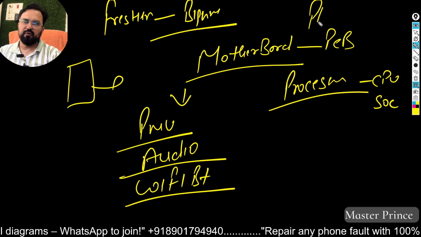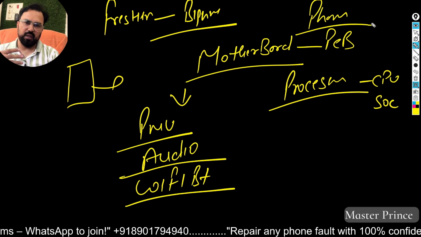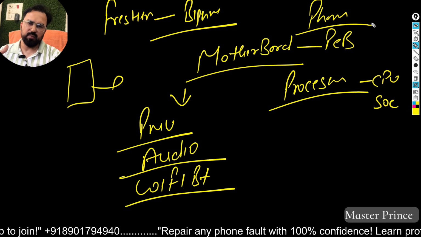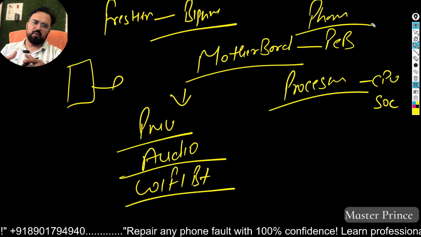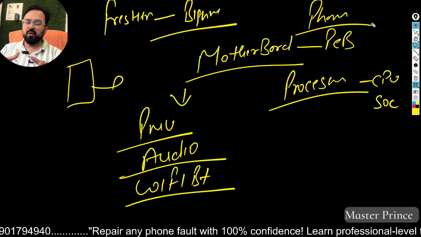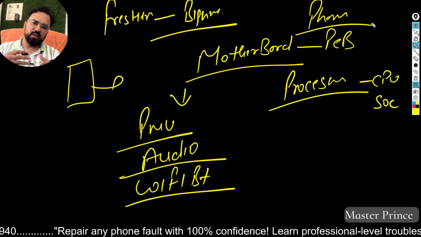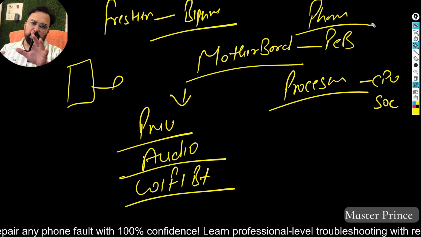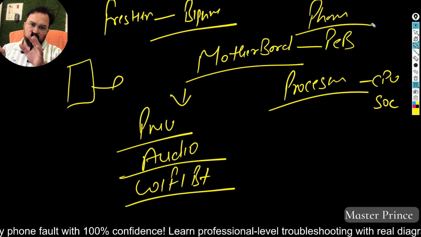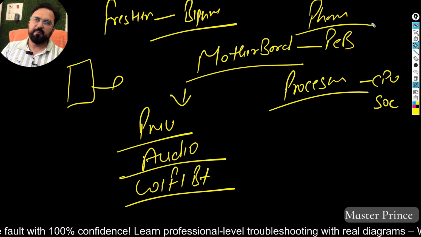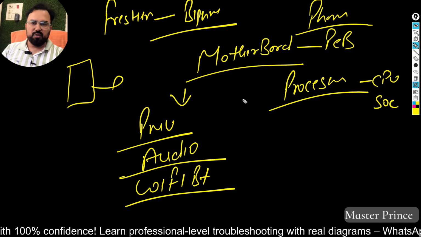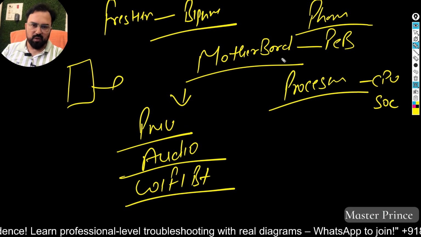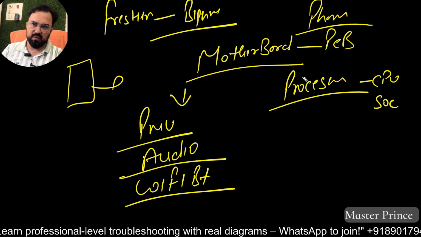In a phone PCB there are multiple ICs like your PMU, charging IC, audio IC, and network section, because with a mobile phone you can call or communicate with others. This is just a comparison so you can understand the concept. So there is a motherboard, with all the ICs and the processor on it.